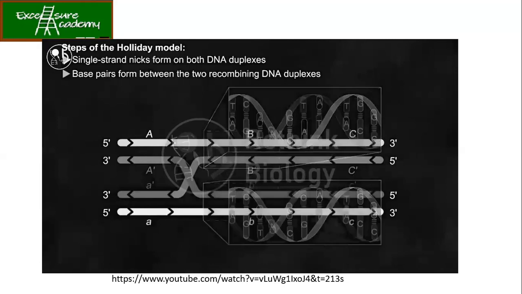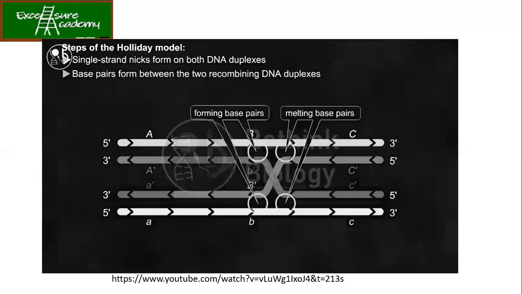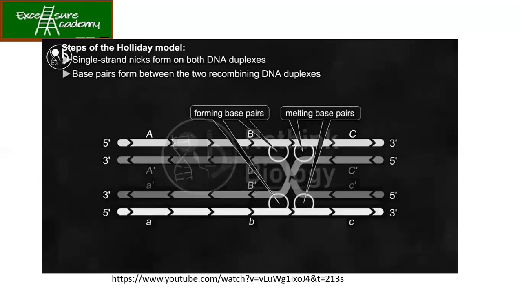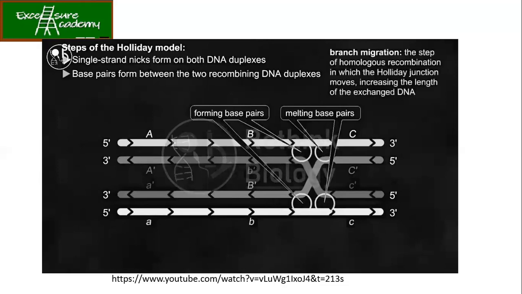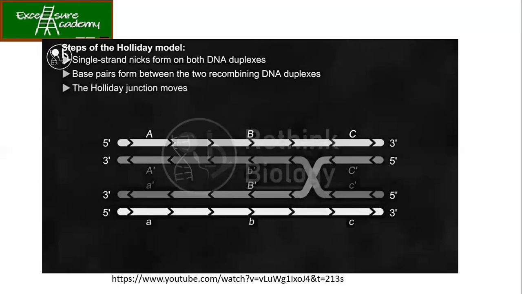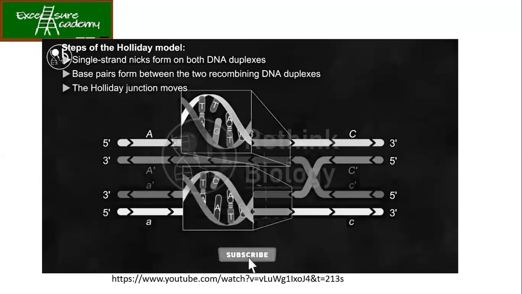Now the branch migration occurs, in which the Holliday junction moves by melting and forming the base pairs repeatedly. In the parental DNA molecules, base pairs are broken, and in the recombination intermediate, identical base pairs are formed. The DNA duplexes have very small sequence differences as they have different alleles of the same gene.